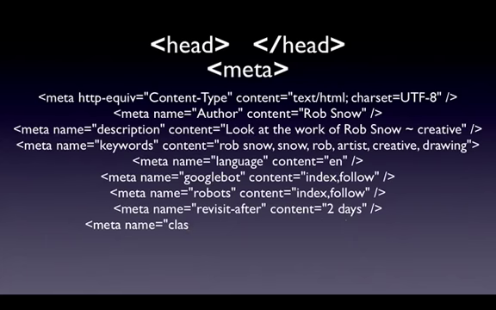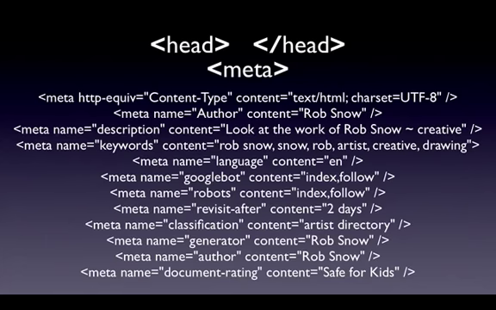They would be something like this. As you can see, it says the HTTP equivalent. In this case it's the character set UTF-8, which is Unicode. This allows you to use Latin, Greek and Cyrillic typefaces, probably more on top of that as well.